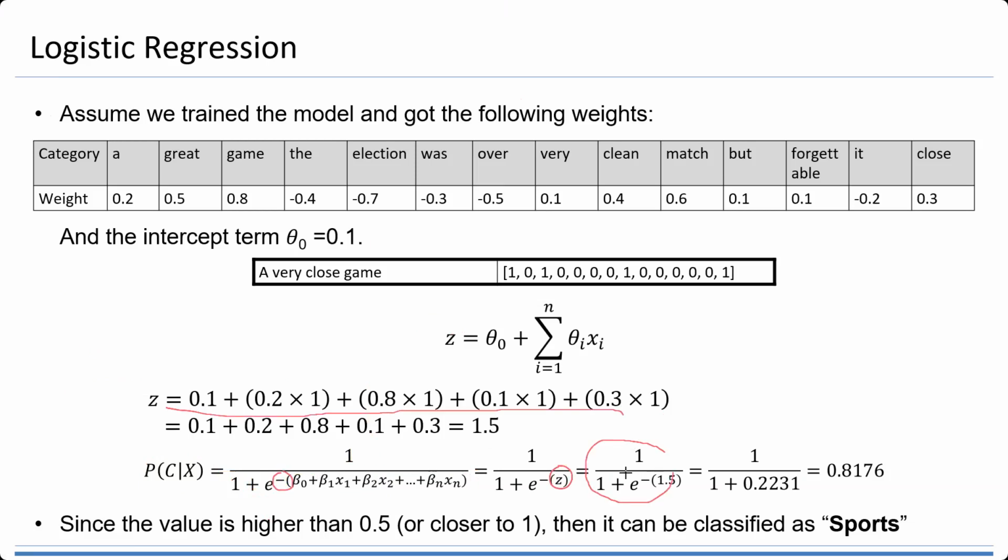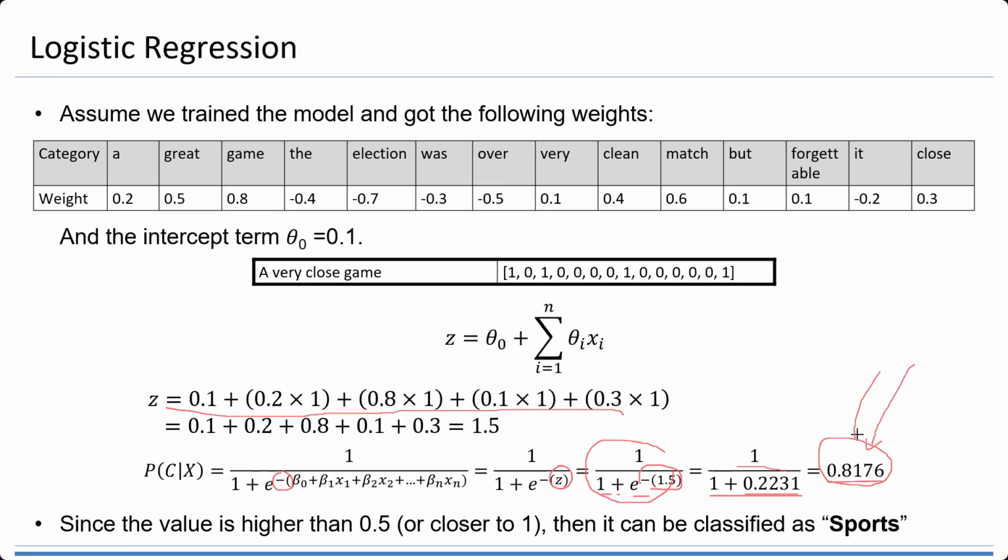Then the result is 1 divided by 1 plus e to the power of minus 1.5. So the number is 1 divided by 1 plus 0.2231. Then the probability is 0.8176.